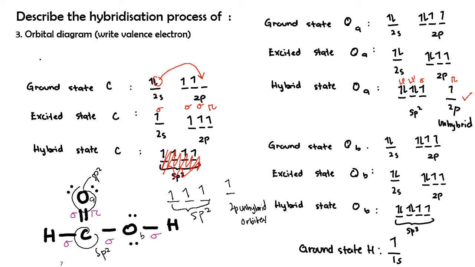Alright, so for oxygen B, ground state and excited state are the same, no changes. And for oxygen B, just now we already predicted it is sp3 hybrid. So all of these orbitals will combine and become sp3 hybrid orbitals. And the last one, don't forget to write the ground state of hydrogen.